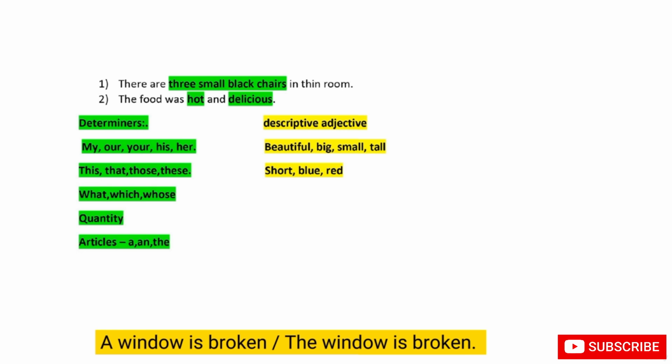Now all determiners are adjectives, but we will discuss these in other lessons because each one of them is a big topic. In this lesson, we're going to focus on the really interesting adjectives, that is, descriptive adjectives, and we will look at how to avoid common errors with them.